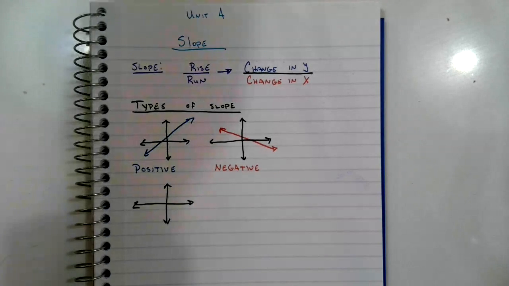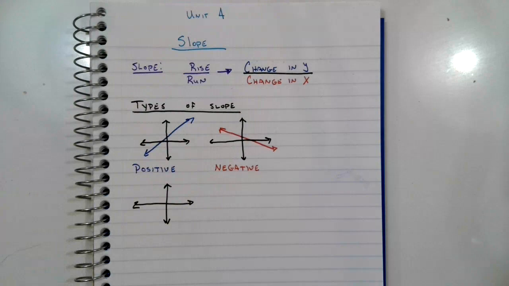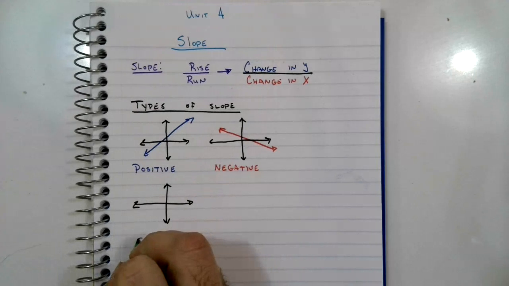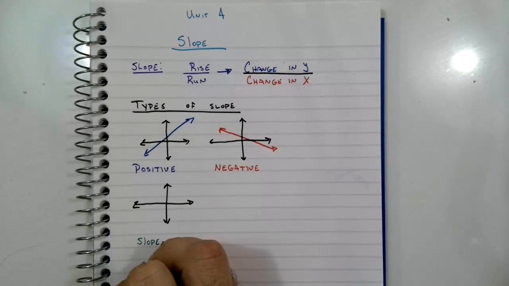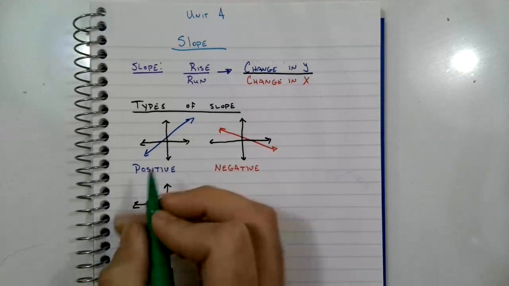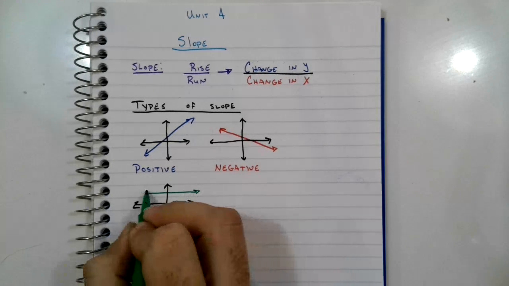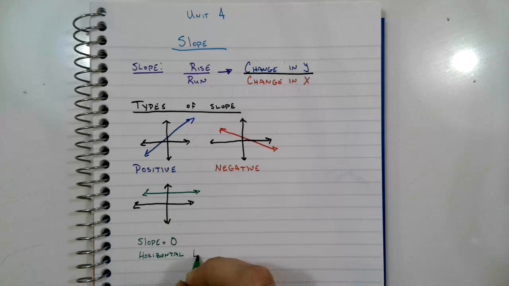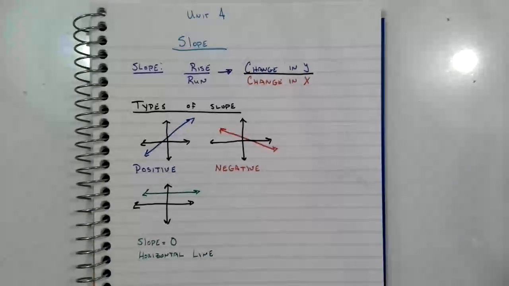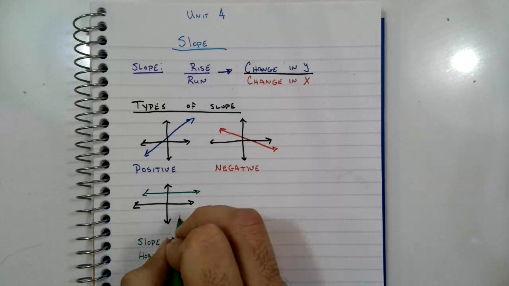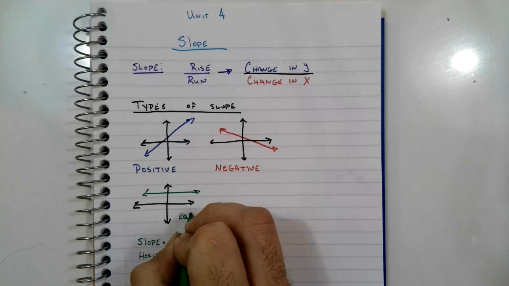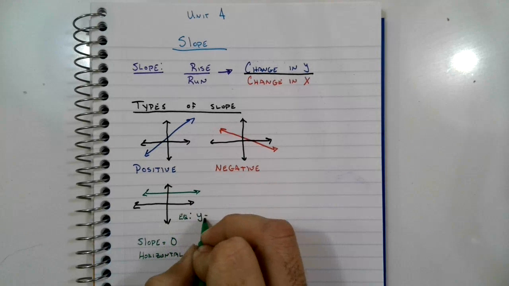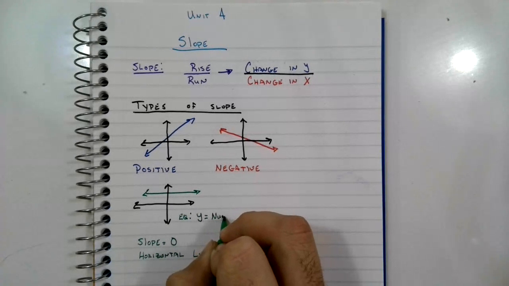Our next slope is when our slope equals 0. Slope is 0, it is a horizontal line. And the equation here is going to be y equals a number.